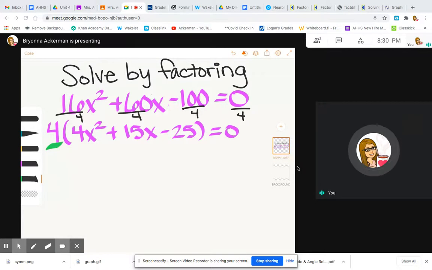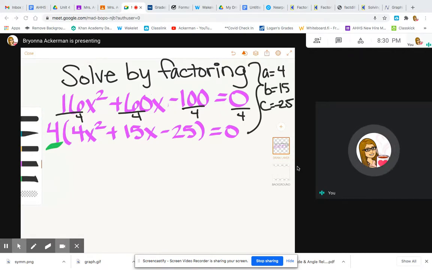Okay, we're going to now ignore that 4 for a minute, and we're going to do the AC method. So remember, the AC method is we have to think about, okay, what is A, B, and C? And so in this case, A is 4, B is 15, and C is negative 25.